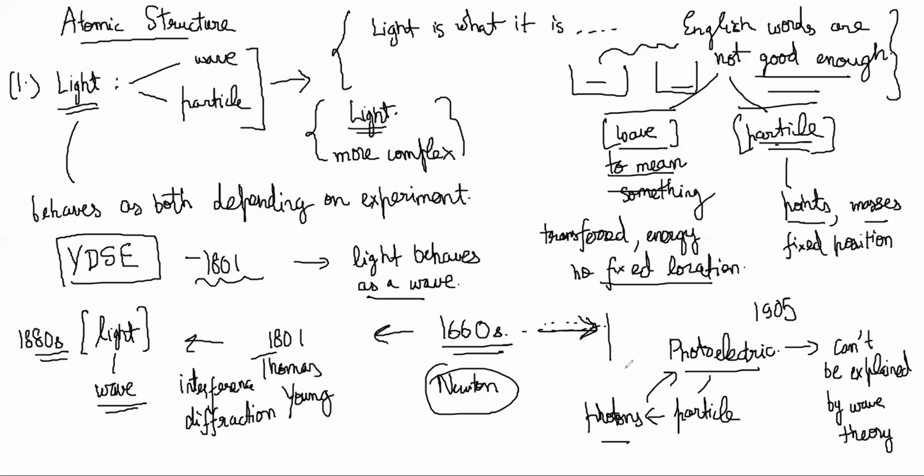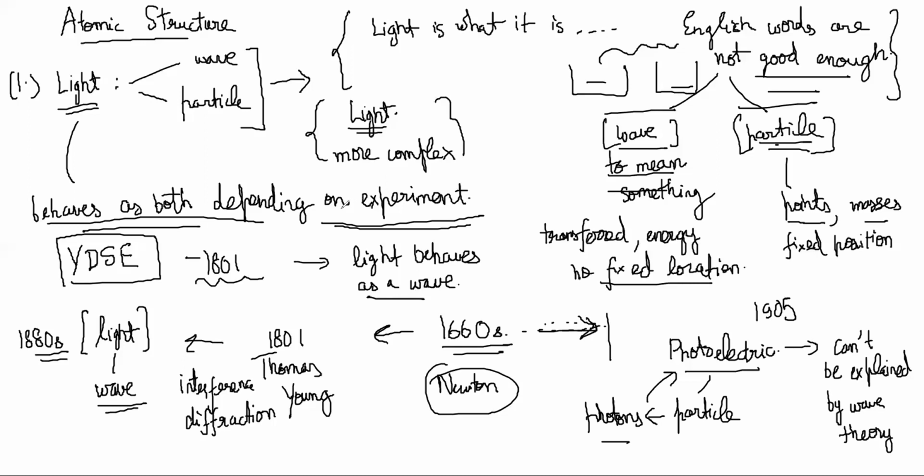Fine. So now there is a huge problem, because sometimes light behaves like a wave and sometimes like a particle. By the 1930s, people had figured out quantum mechanics, and then they understood that it depends on the experiment. The nature of light, what you will observe, depends on what experiment is being performed.